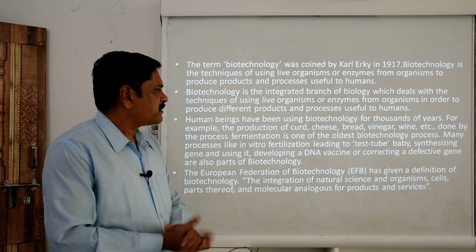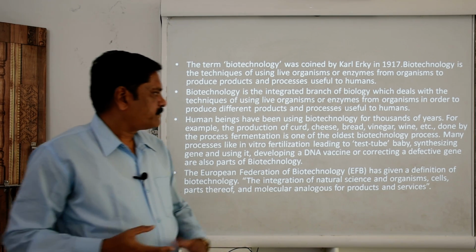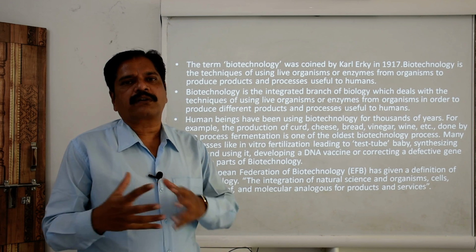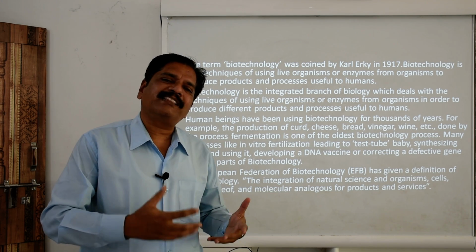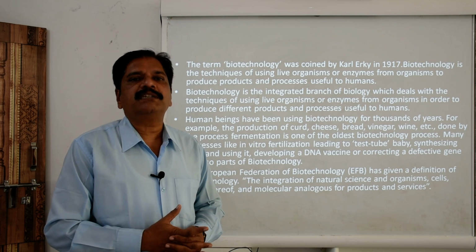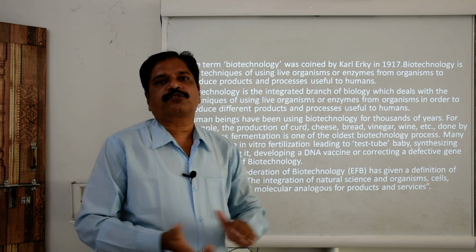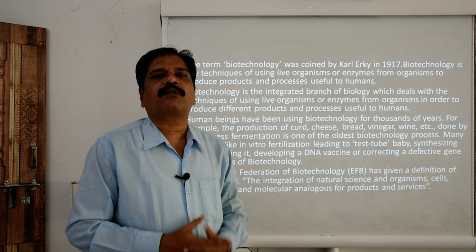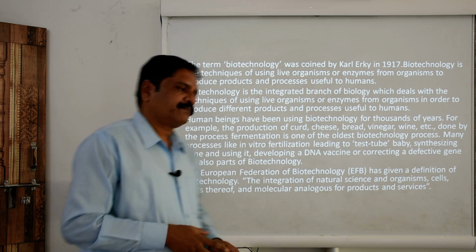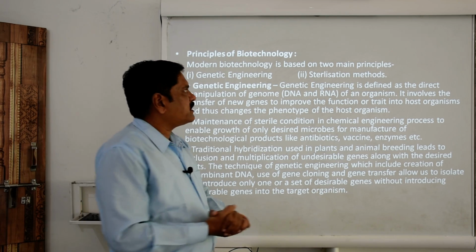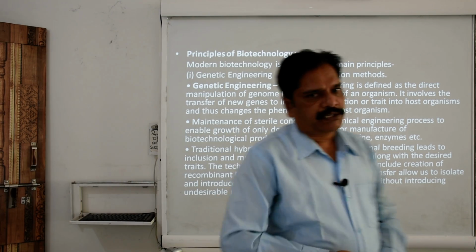That means simply the use of biological knowledge, the organism, and some tools like enzymes and genetic material for obtaining different products in service of human beings. That is simply called biotechnology. Now here we are going to discuss first the principles of biotechnology.